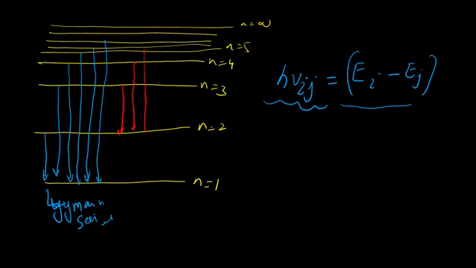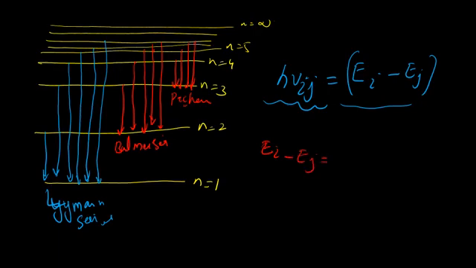In the same way we get the other series, like the Paschen series when the electron jumps from higher energy levels to n equals 3, and the Brackett and Pfund series. Here the energy is equal to Ei minus Ej.